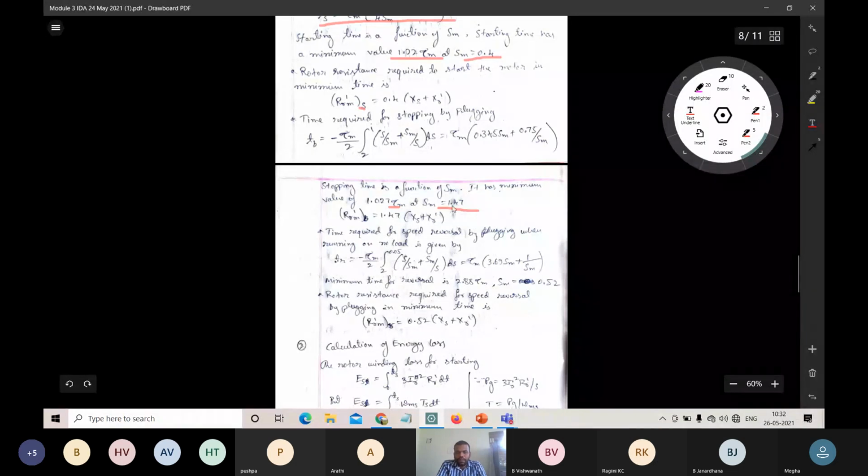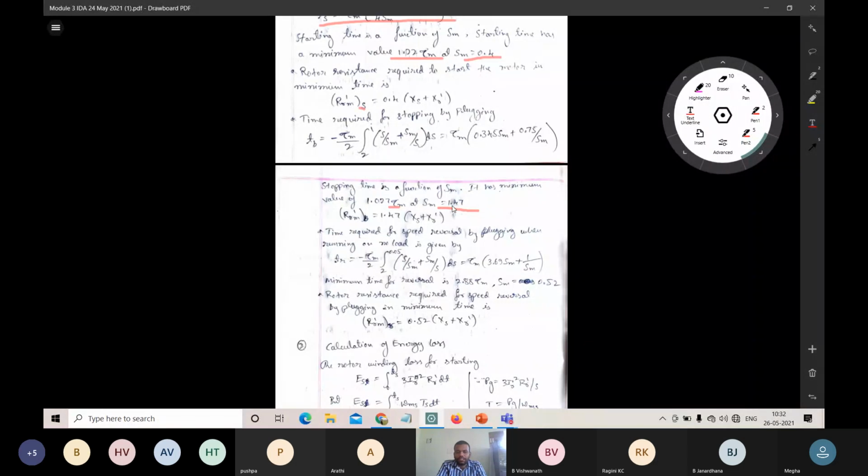So these would be the slip constants and time constants at the time of stopping of the motor, or plugging of the motor. So what we derived: we derived the time constants for starting and the time constants for plugging.